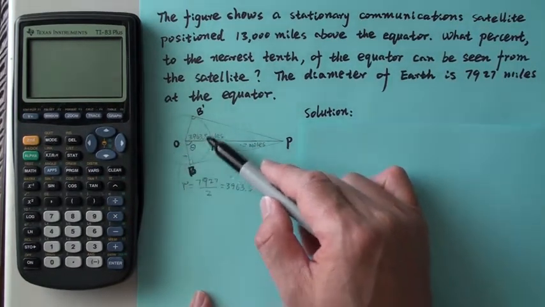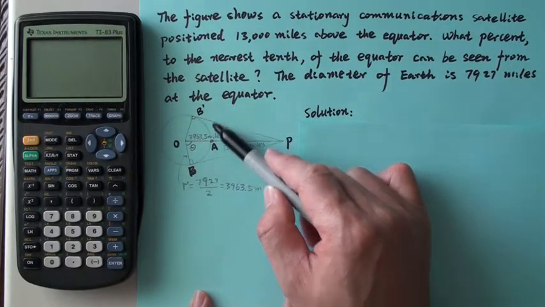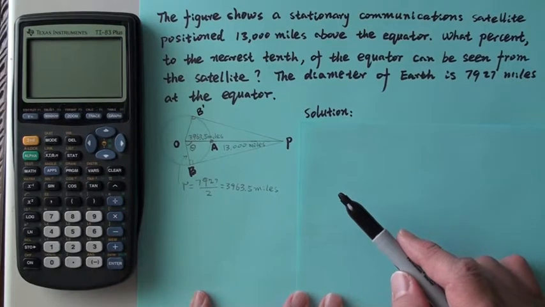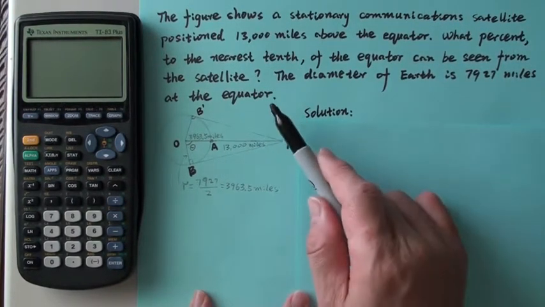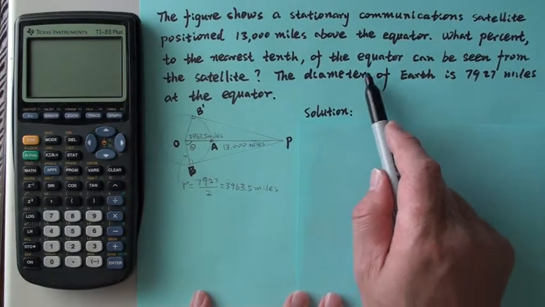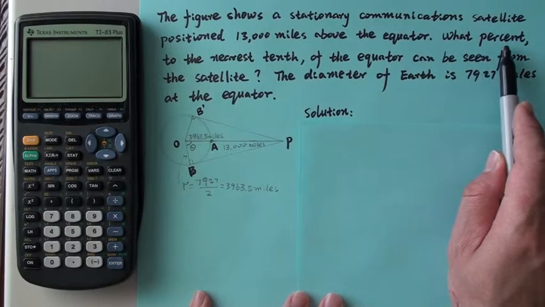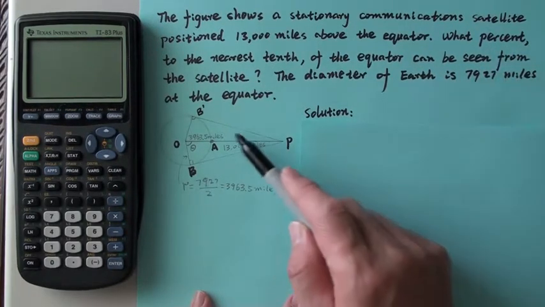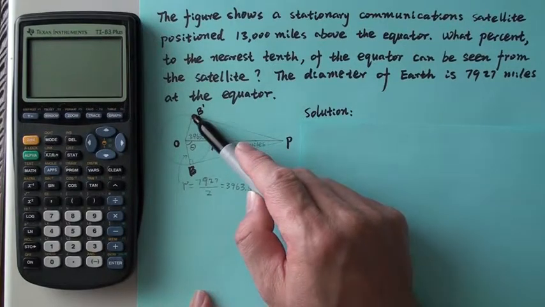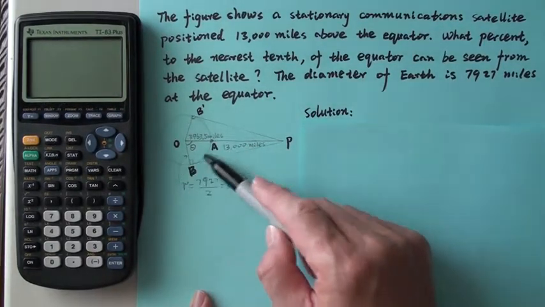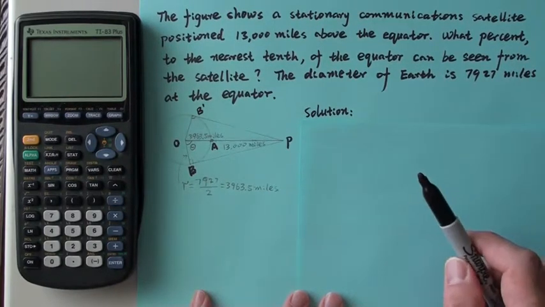If we know the length of the arc, we find the ratio in percentage, then we'll find our answer. So this percent means the ratio of the length of the arc BB prime to the circumference. That's what we need to find out.